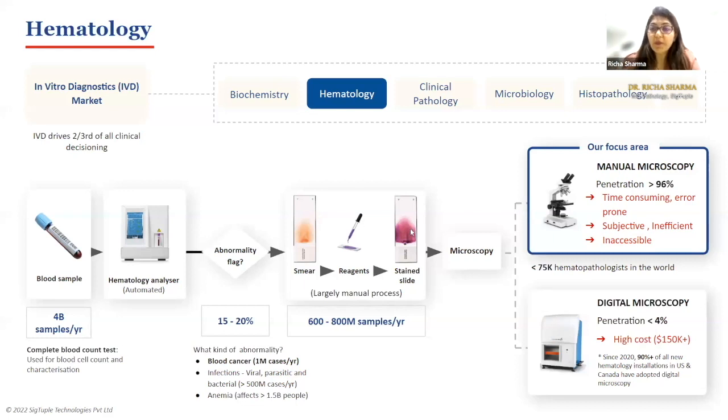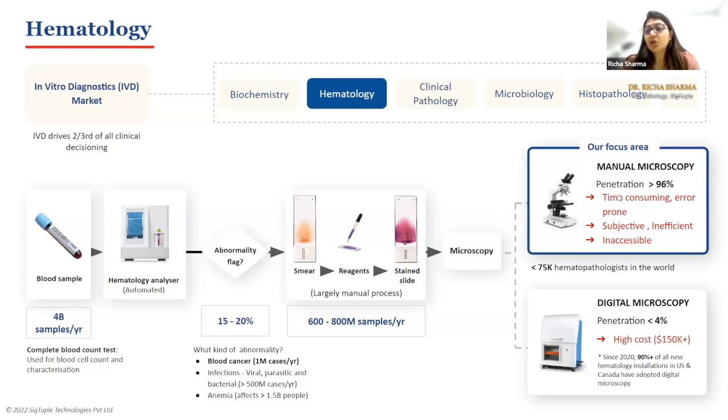The slides can be made either manually or, nowadays in certain labs, you will find that these smears are made by auto smears and auto stainers. But then we have to analyze them on microscopes.